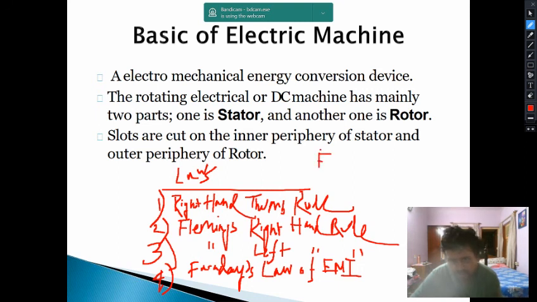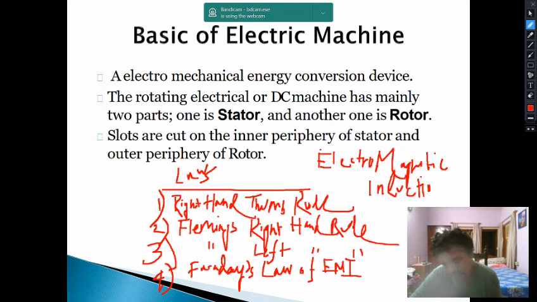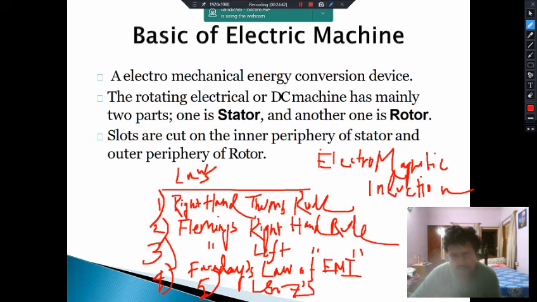So EMI will write the full form, electromagnetic induction. And last but not the least, it is called Lenz's law.